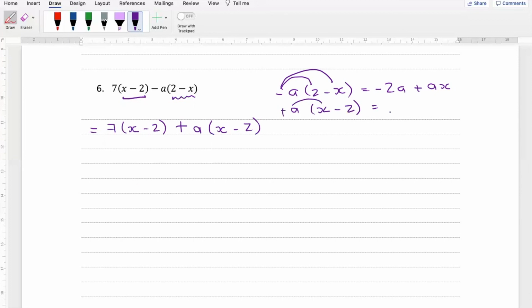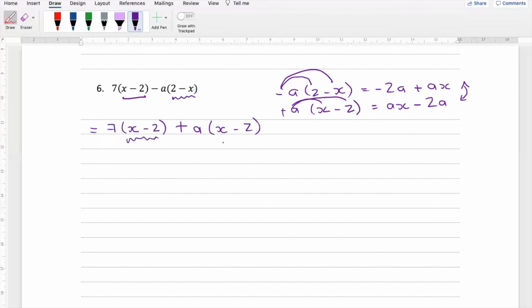So positive a times x is ax, and positive a times negative 2 is negative 2a. So these two are exactly the same because 2 plus 3 is the same as 3 plus 2. So negative 2a, negative 2a, ax, ax. For adding, it doesn't matter what order you're adding it in. Okay, I hope that made some sense.